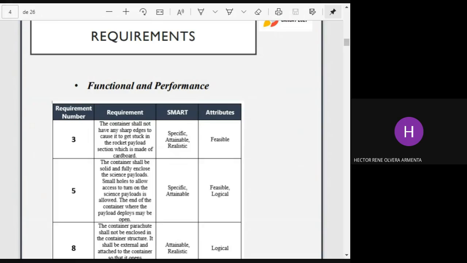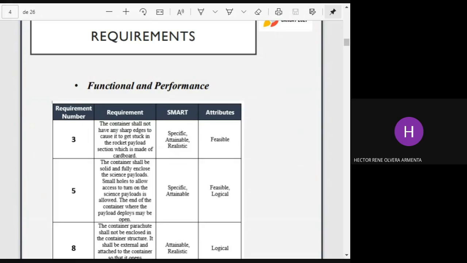For example, we can see the container shall not have any sharp edges. This is something feasible and achievable. Why? Because we want to avoid any kind of malfunction in the rocket and in the parachute when the rocket and the science payload separate.